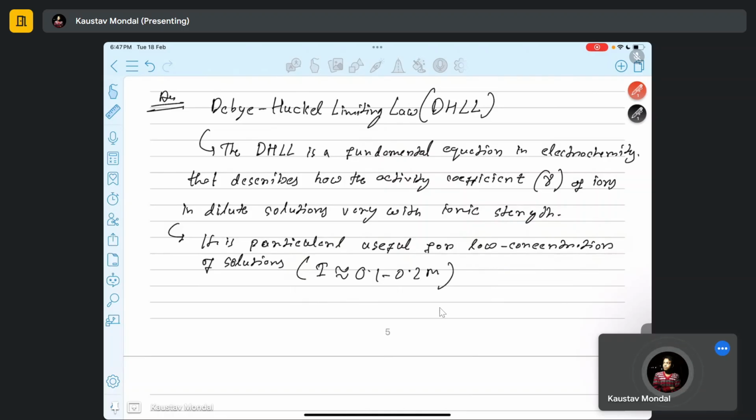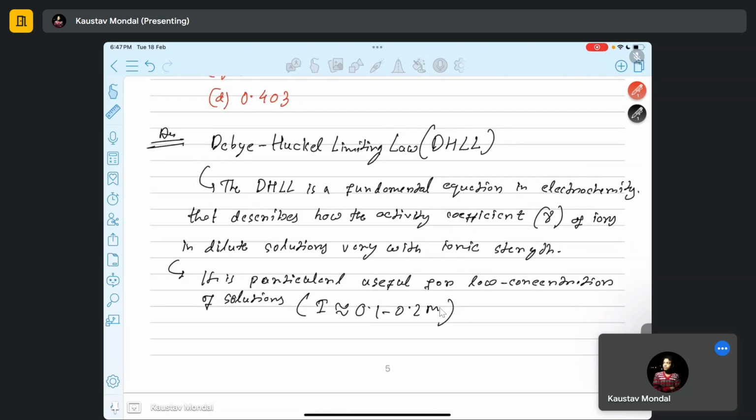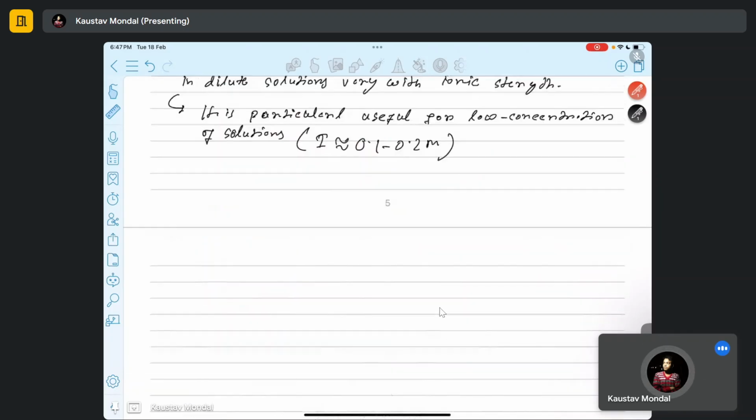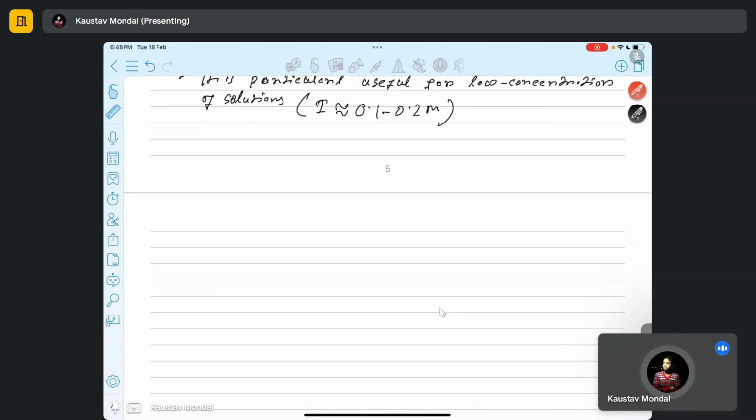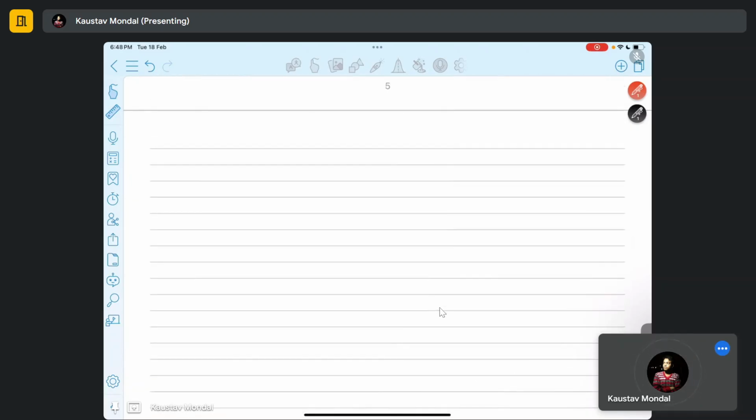So now, what we are doing, the problem is, let me write the equation. According to this law, the equation is this: log gamma plus-minus equals minus z plus z minus root I.